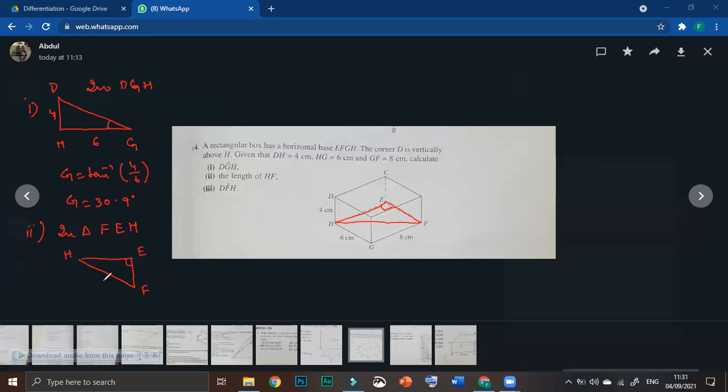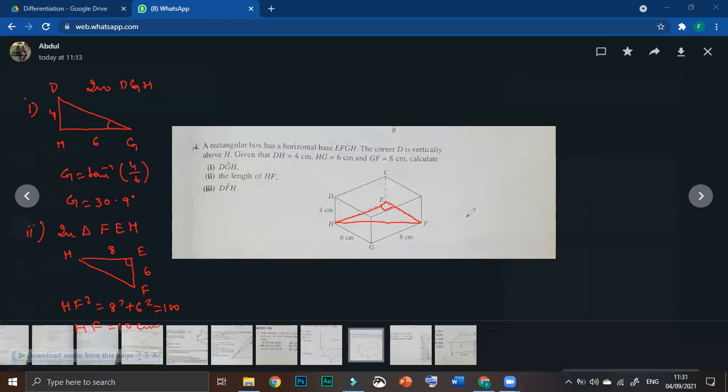Now what is the length of HE? 8, and EF is 6. Now we want to find HF. We will use Pythagoras theorem. HF whole square is equal to 8 square plus 6 square, which is 100, and HF is equal to 10 centimeters.